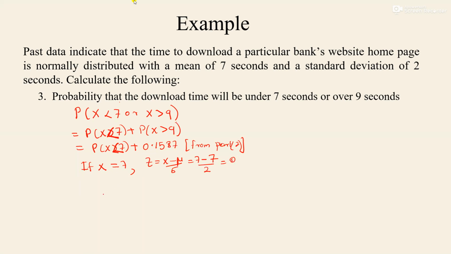So the probability of X less than 7 is equal to the probability of z less than 0.